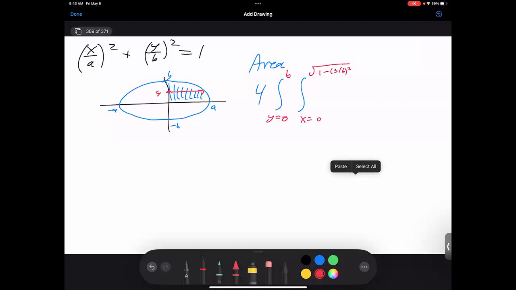And if I'm finding the double integral that's going to give me the area, what should my integrand be? What function do I integrate if I want to get the area? I'm sorry?